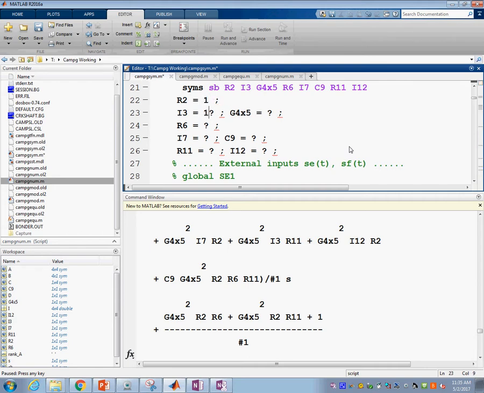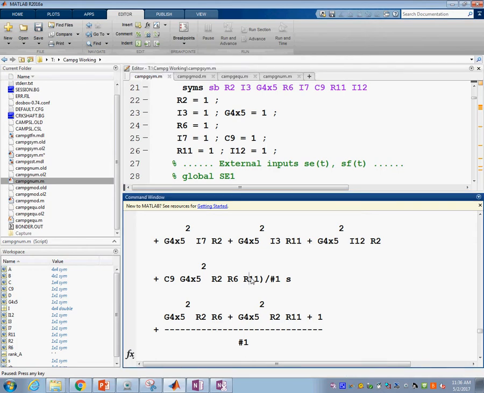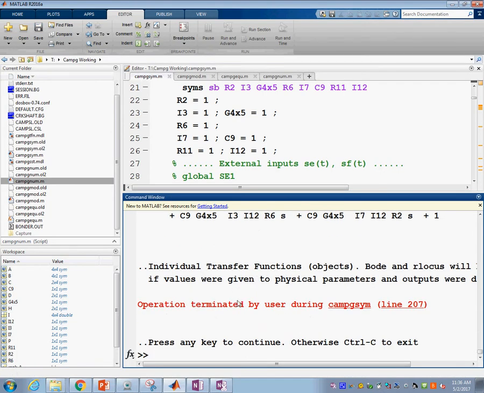These are not realistic values for the system, but just for illustrative purposes, showing you the mechanics of how it works. I'm just giving these numbers to the physical parameters, and once I do that, I can actually obtain the response.